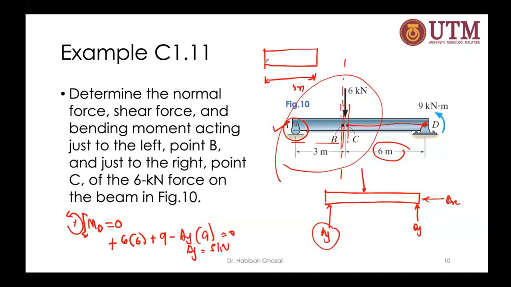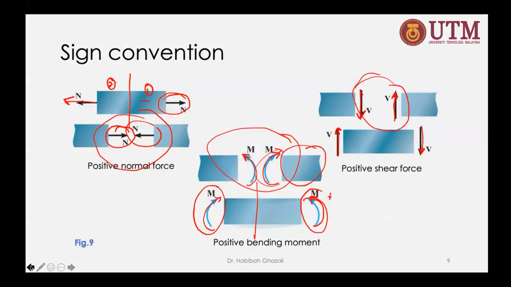And here I have my AY. That's 5 kilonewton. Since this is a fixed support, intermolecularly they are fixed together. In this section, you can draw your direction for the section as always, as the positive in the sign convention that I gave you here.